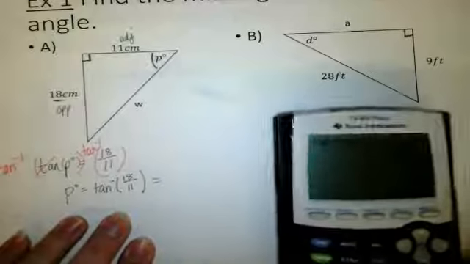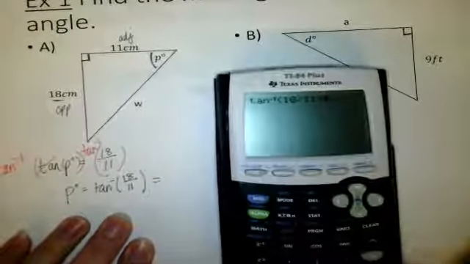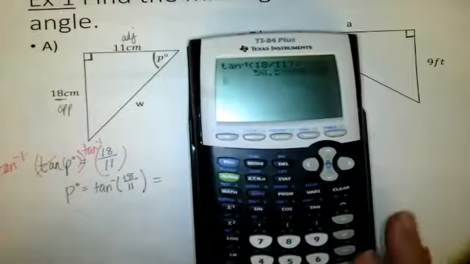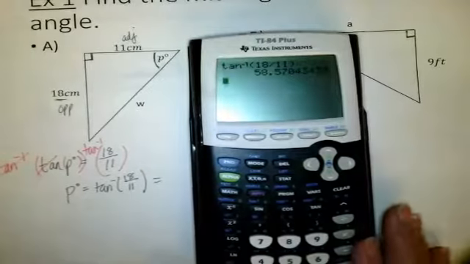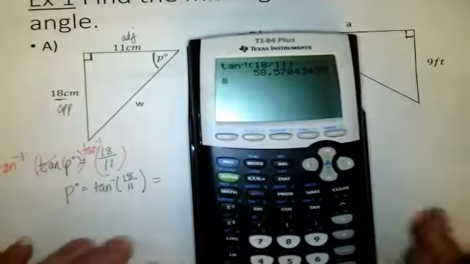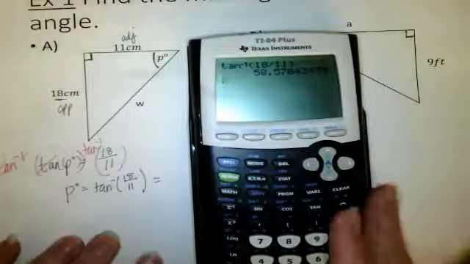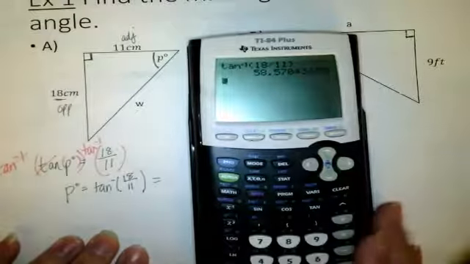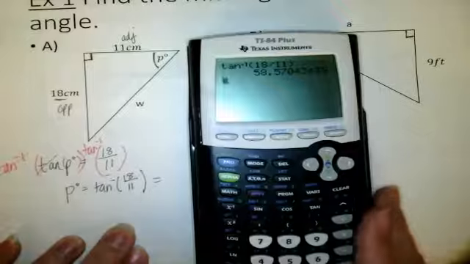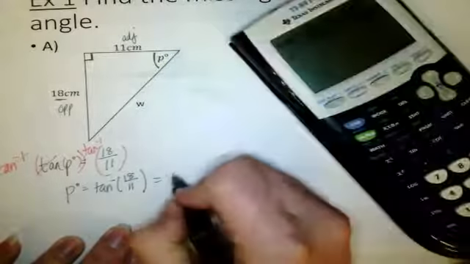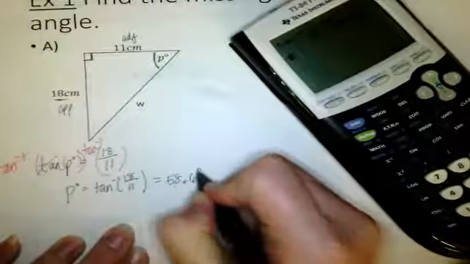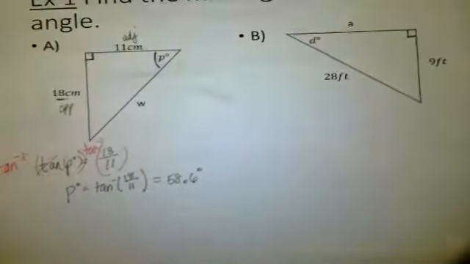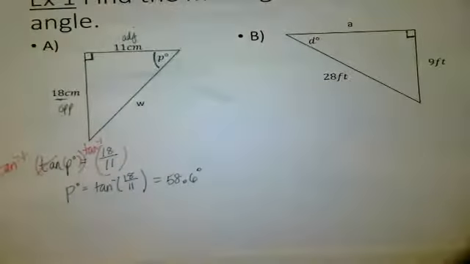I fixed my screen, but now my sweet spot is much smaller. The answer is 58.6 degrees. I don't know what to round to, so read the directions and see if they actually specify. You need to change your setup to degrees.